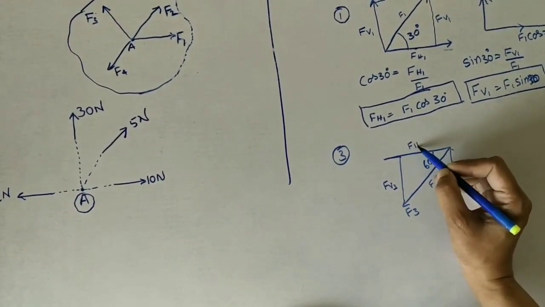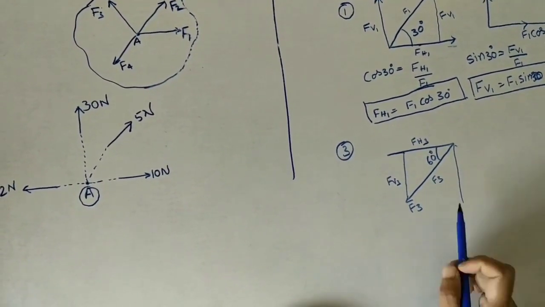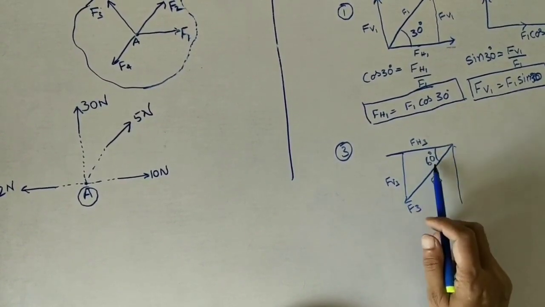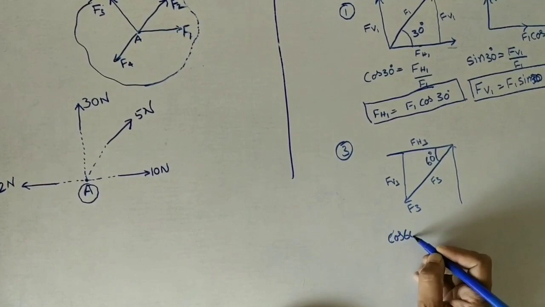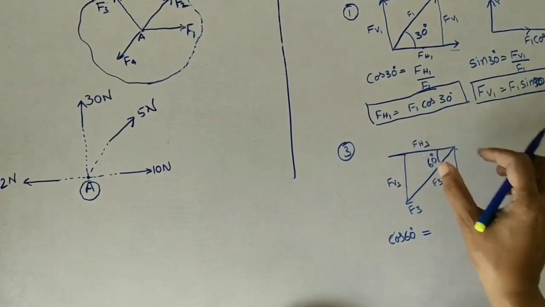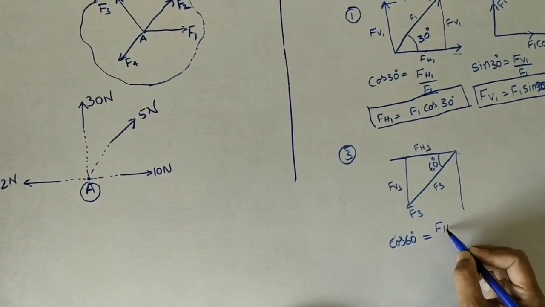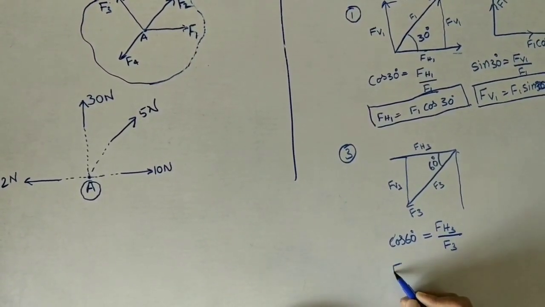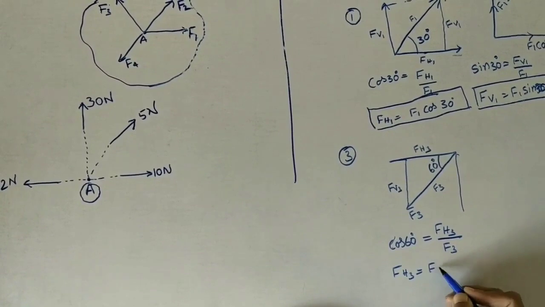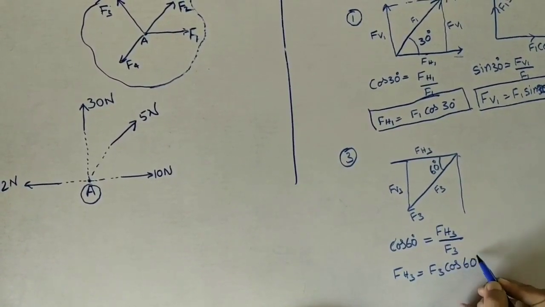This is the vertical component FV3, and this is FH3. For finding the horizontal value, we take cos. Cos 60 from the above triangle is FH3 by F3. Our main aim is to find FH3, so FH3 is equal to F3 cos 60.